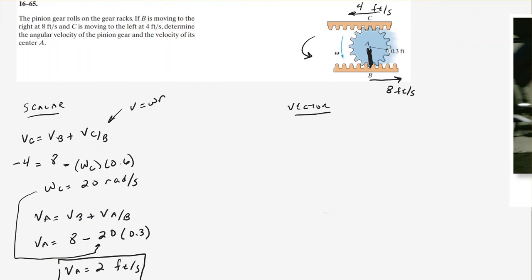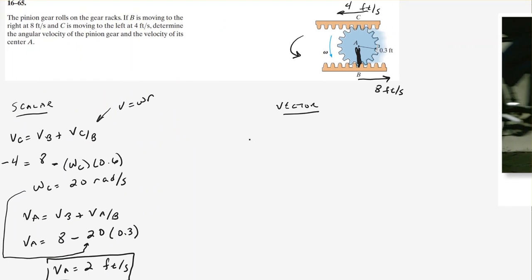Now, if you do it as a vector, you've got v sub c is equal to v sub b plus, and let's go ahead and write in the omega and the cross product. So we would have minus 4i equals 8i plus omega, which I don't know technically at this moment, since we're doing the same problem.